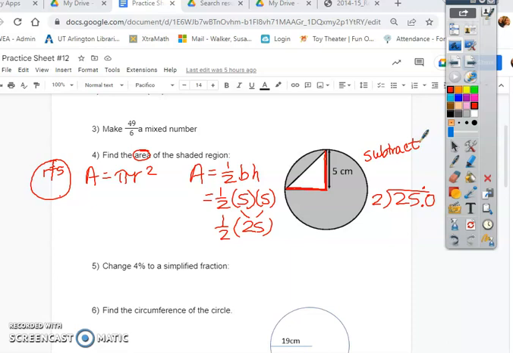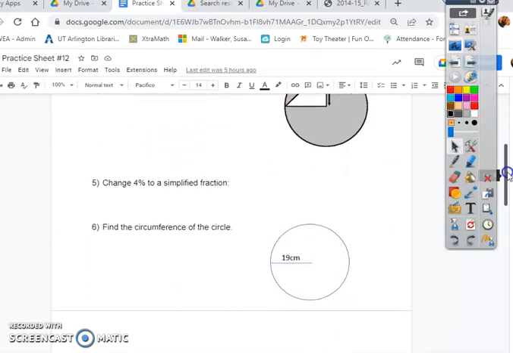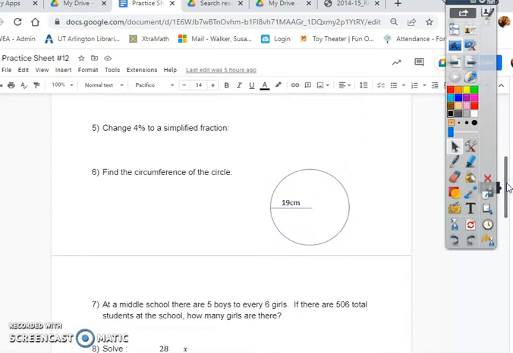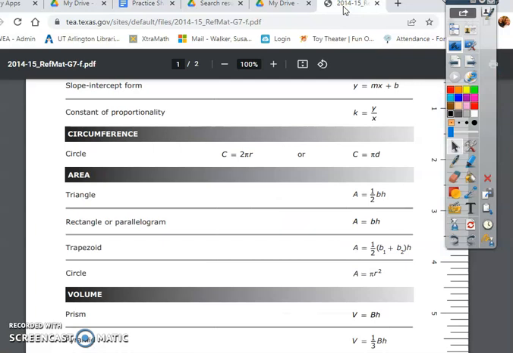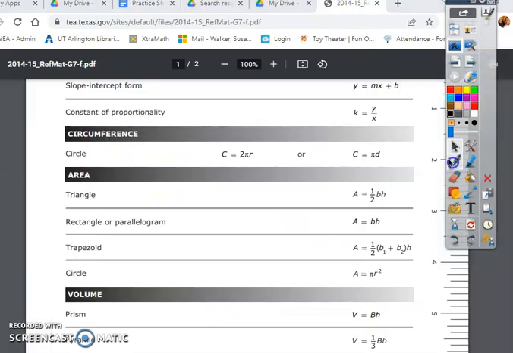Number 5, you're going to do it. Just remember, a percent compares to 100, right? 4 over 100. The next one says circumference. Guys, formula. Make sure you're using this formula.